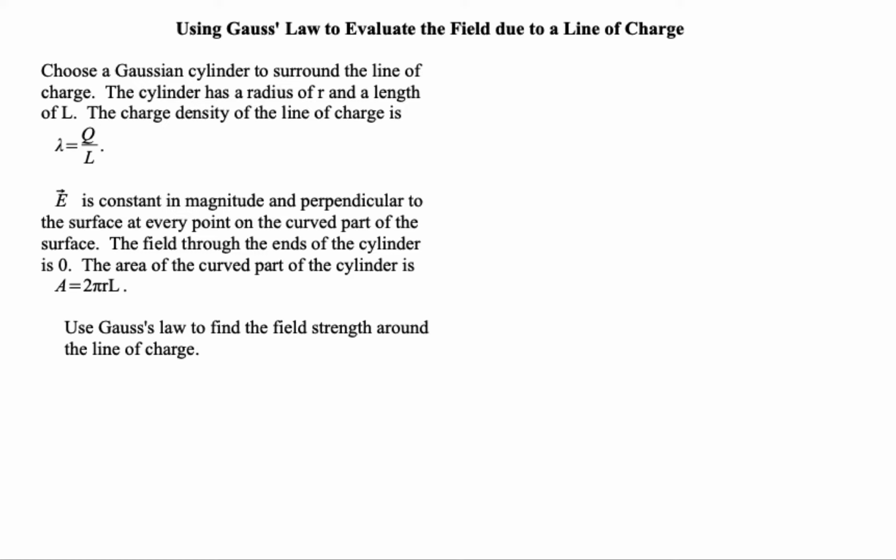Let's determine what the electric field is like near an infinite line of charge. Now, what do I mean by line of charge? I mean, if we had a thin wire of some kind, and let's say the whole thing was uniformly charged, I want to know what the electric field is like at some point near the line.